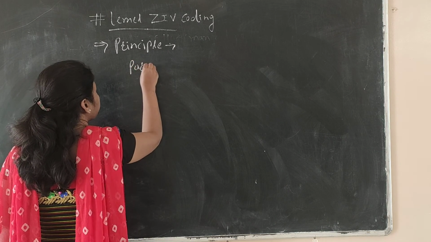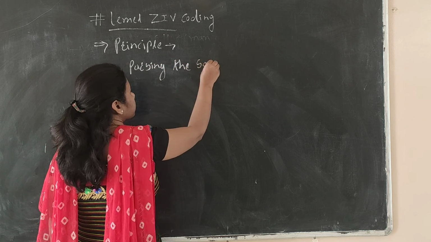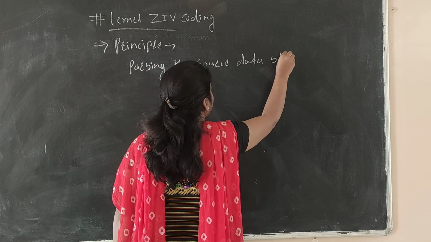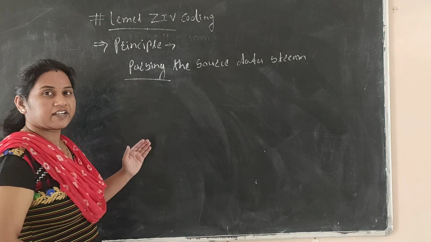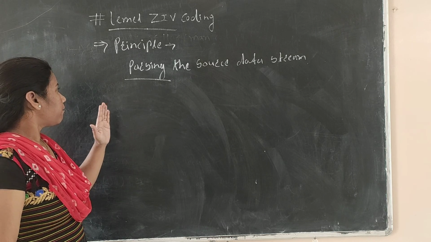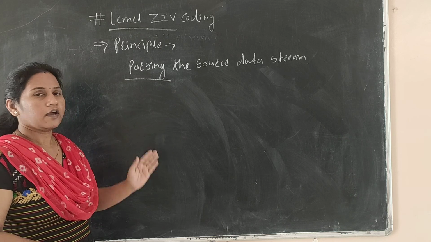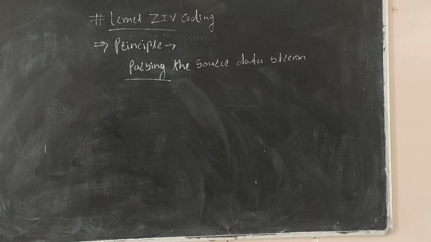Parsing is nothing but partitioning, to break the source data stream into segments that are the shortest subsequences not encountered previously.